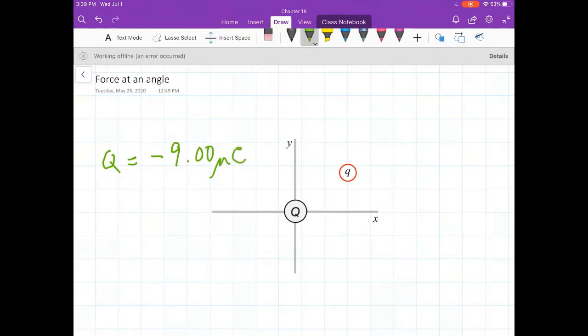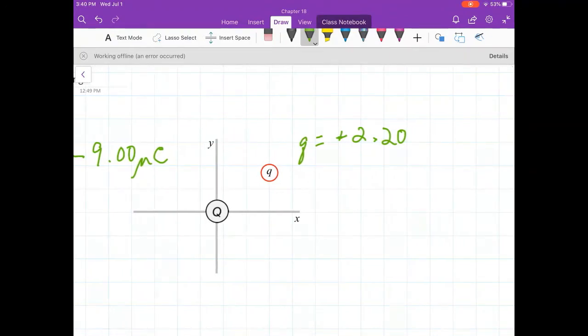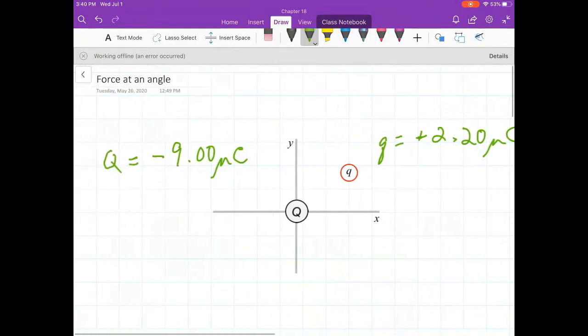That's the charge in the center, that capital Q. The other one, the smaller q over here, let's give that a value of a plus 2.20 microcoulomb. Two charges.